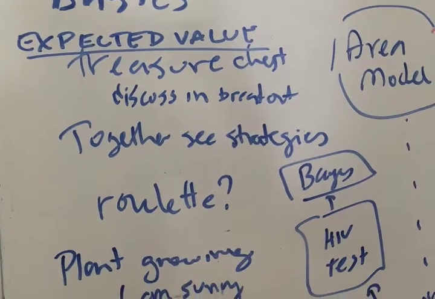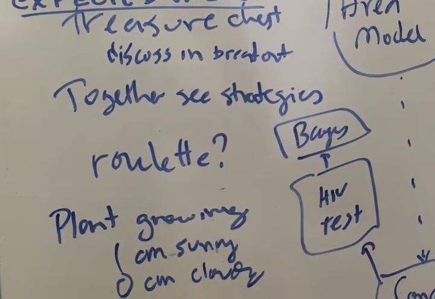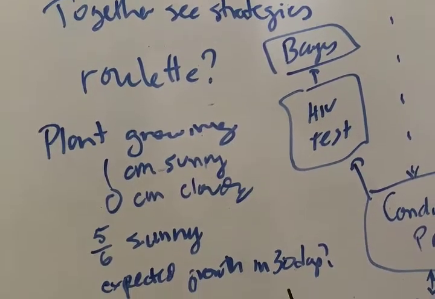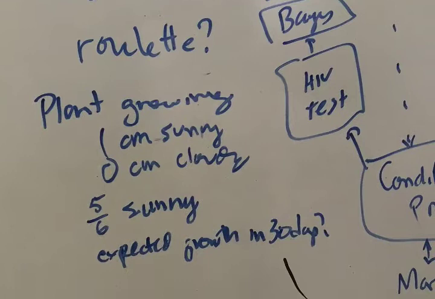That's what this is. And then you see roulette, question mark. Oh yeah, we talked about roulette. And then this, which you can barely read, says plant growing 1 centimeter sunny, 0 centimeter cloudy, 5/6 sunny. Expected growth in 30 days? Question mark. Oh, you've seen that.